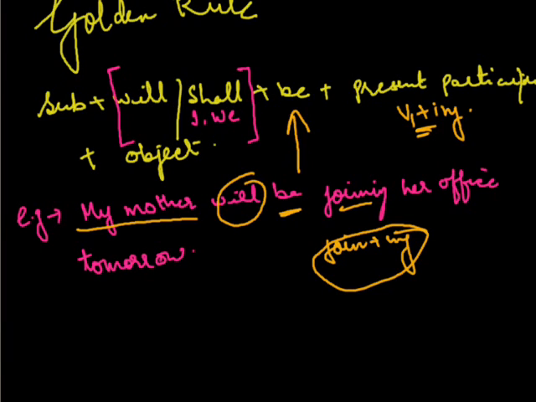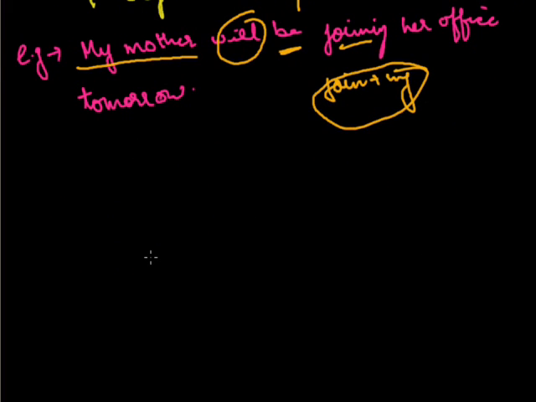And second, the next use of future continuous is to refer to a pre-scheduled future plan.